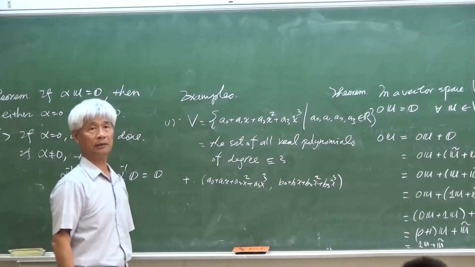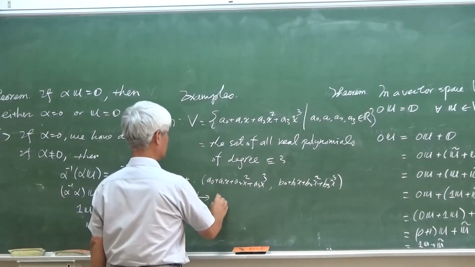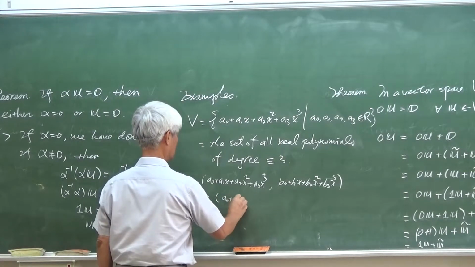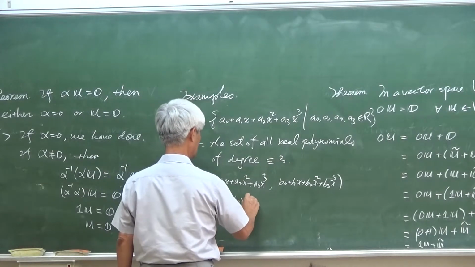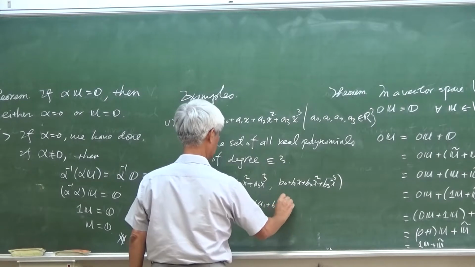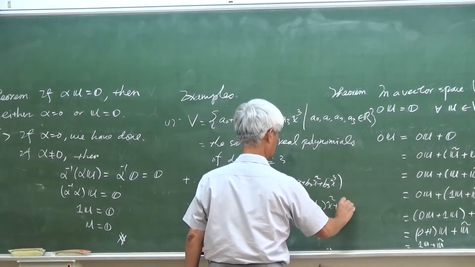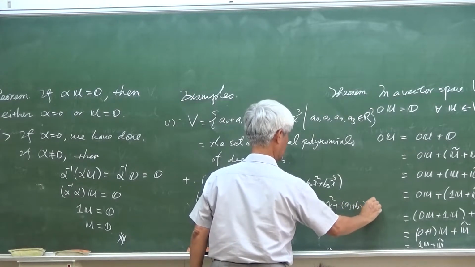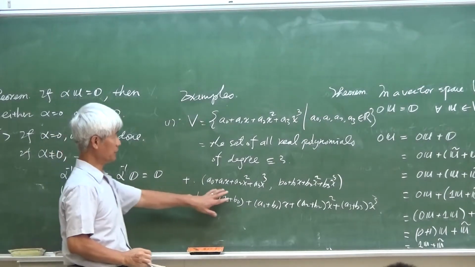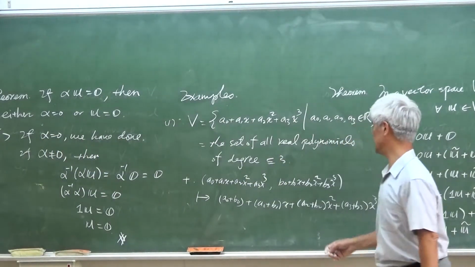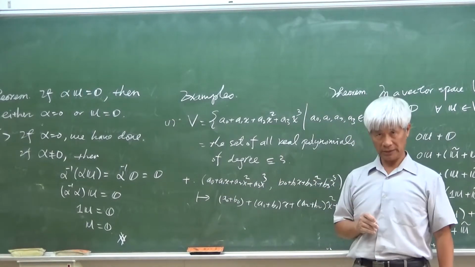Given a pair of vectors, the addition takes us to another vector, a polynomial. So the vector addition is that when you add two polynomials, you really add the corresponding coefficients. Okay, so this is the addition.